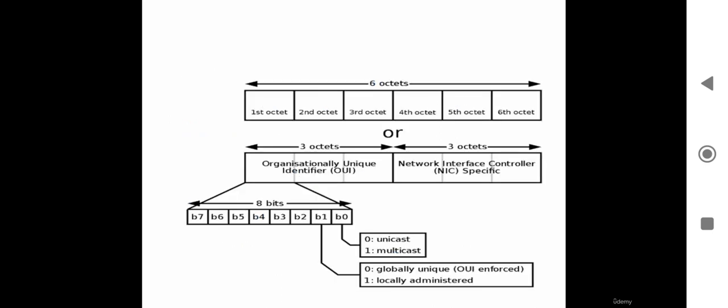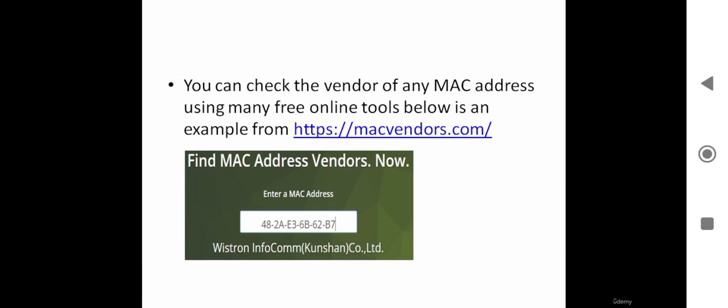Okay, so as we can see here, this is just a brief overview of the header, how it's looking. We'll go into this in more detail further on when we move into the next section. You can check the MAC address vendor at loads of online tools. I personally use macvendors.com. If you pop the MAC address of your network adapter in there, it will tell you the ultimate name of the company that actually made it.